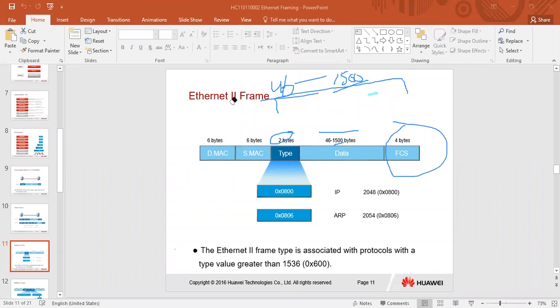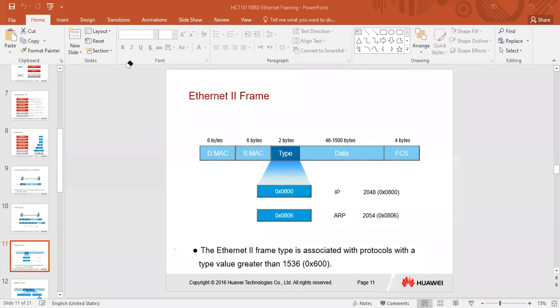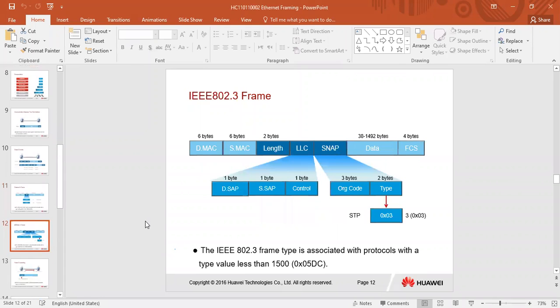What is the length of data in Ethernet IEEE 802.3? As we have already discussed, an IEEE 802.3 frame consists of destination MAC address, source MAC address, length, and logical link control with SNAP.